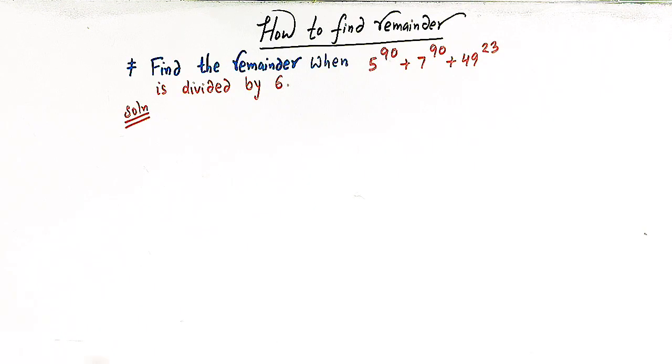We have already discussed the concept of how to solve these kinds of problems, but here once again we are going to solve another important problem related to finding the remainder when a large number is divided by some small number.